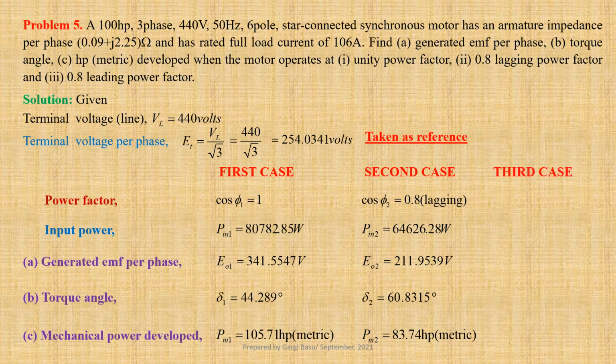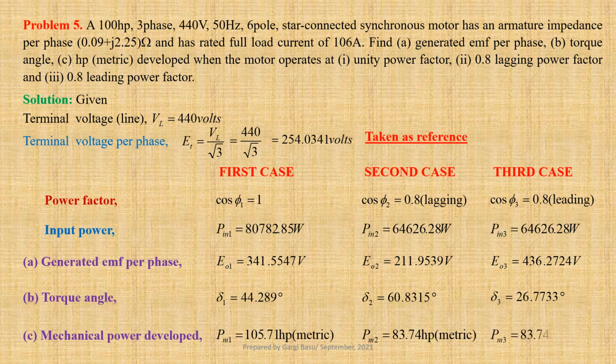Third case, when power factor cos phi 3 equals 0.8 leading, we have obtained input power Pin3 equals 64,626.28 watts. Generated EMF per phase E03 equals 436.2724 volts. Torque angle delta 3 equals 26.7733 degree and mechanical power developed PM3 equals 83.74 HP metric.